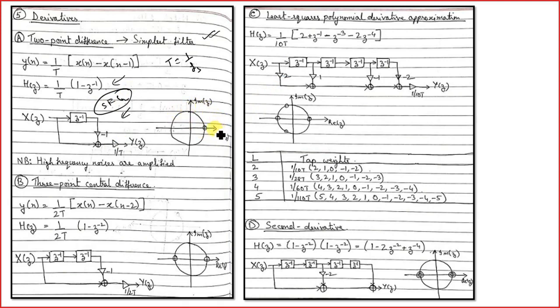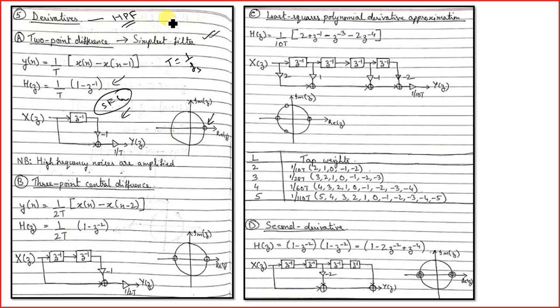Now if you see the derivatives, it is suppressing the low frequency component and it is allowing the high frequency component. So the derivatives are basically high pass filters. Okay, derivatives are high pass filters.